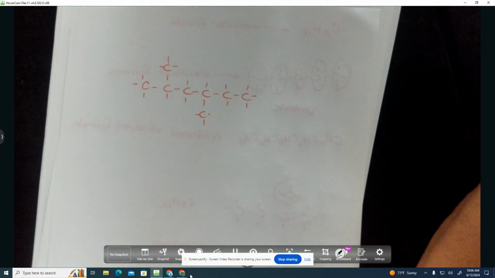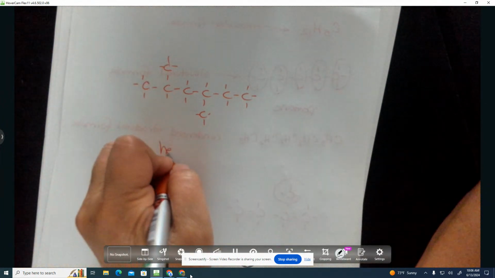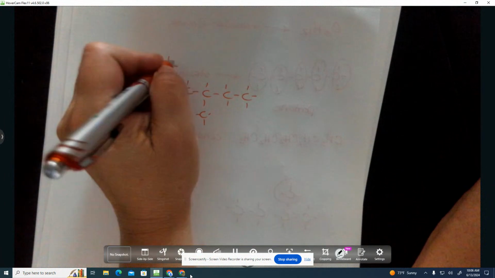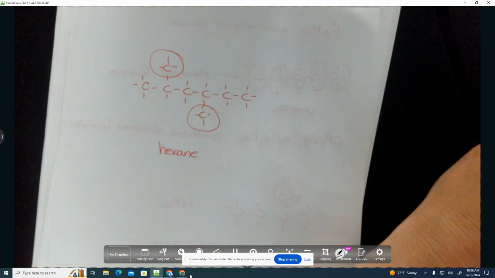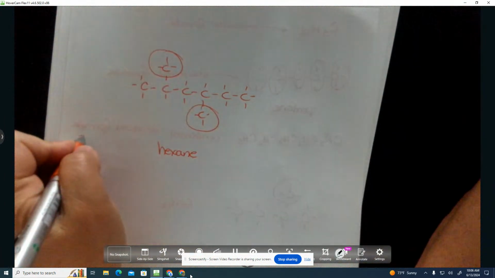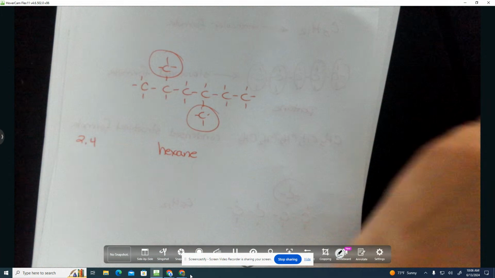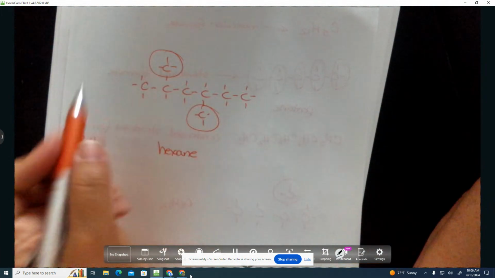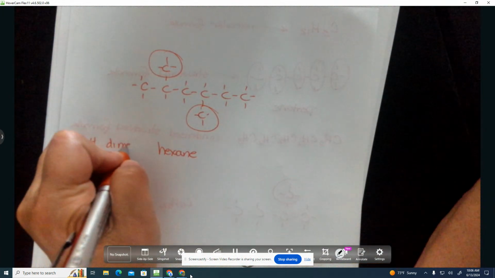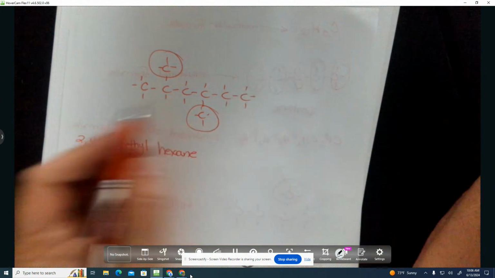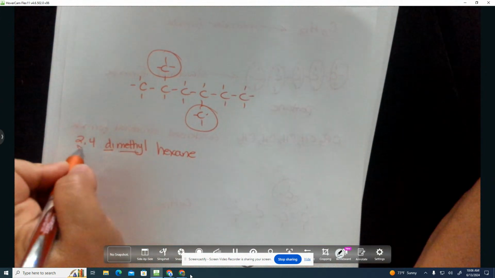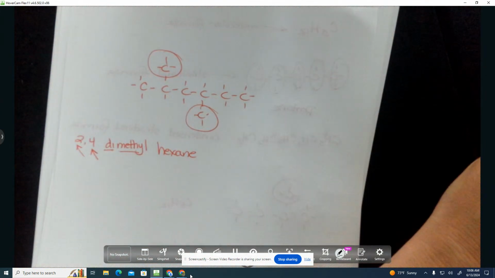Find the parent chain first. 1, 2, 3, 4, 6. 6 is hexane. Here's a baby, here's a baby. 2 and 4. How many methyls? 2. Dimethyl hexane. 2 methyl groups, and they are on carbon 2 and carbon 4.